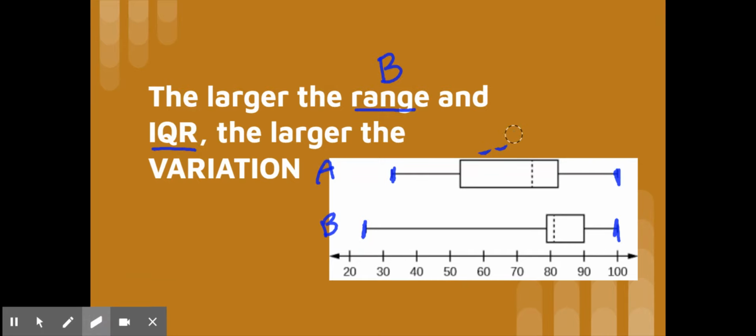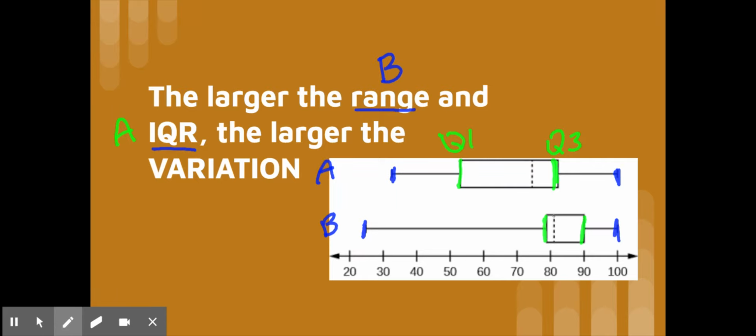Now, sometimes it's going to ask based on your IQR. And you really don't have to find the exact numbers if it's asking which one has the larger variation. So if the question says which one has the larger variation based on your IQR, well, in this case, A would be larger because this box area, this is representing our Q1 and our Q3, this box is larger than the second box.